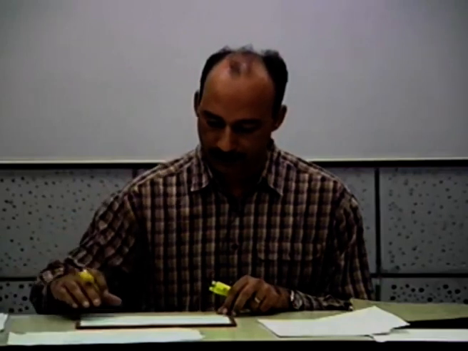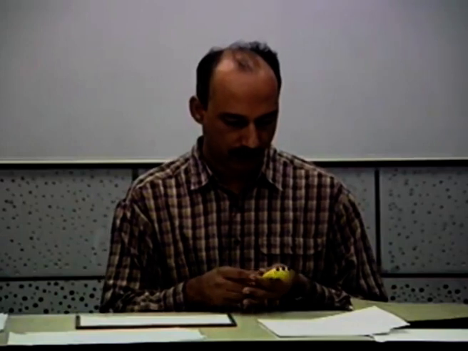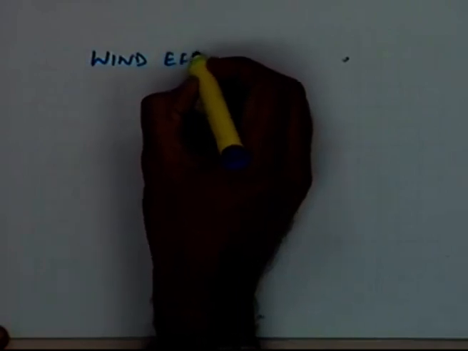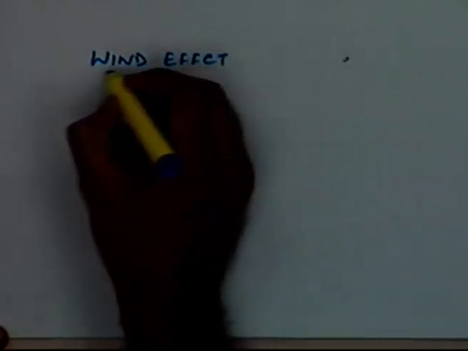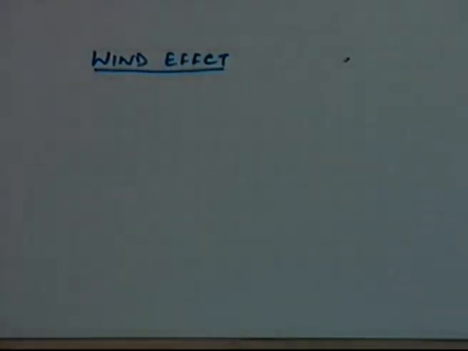So having discussed the influence of pressures on the uniformity of application, let's look at the wind effect, and how the wind affects the uniformity of application. Now the main effect of the wind will be to distort the distribution pattern.